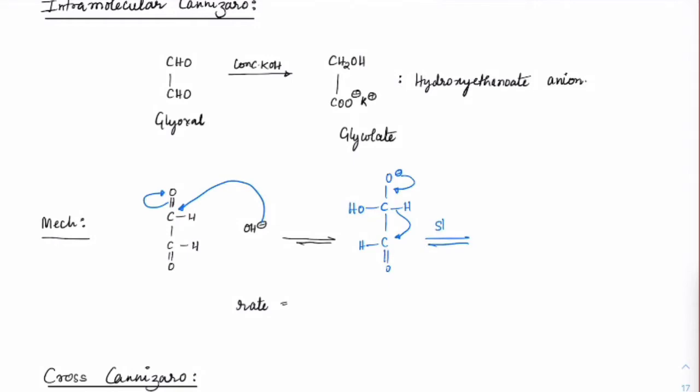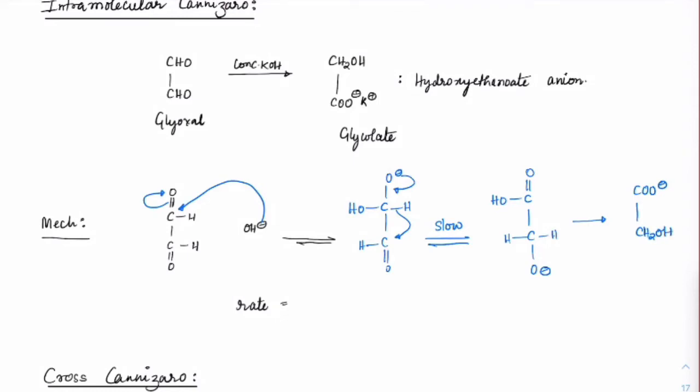This is the slow step of the reaction, and we will get this as HOC double bond O, CH, H and O minus, and this O minus will take away the H plus from here, and we will get COO minus connected with CH2OH.